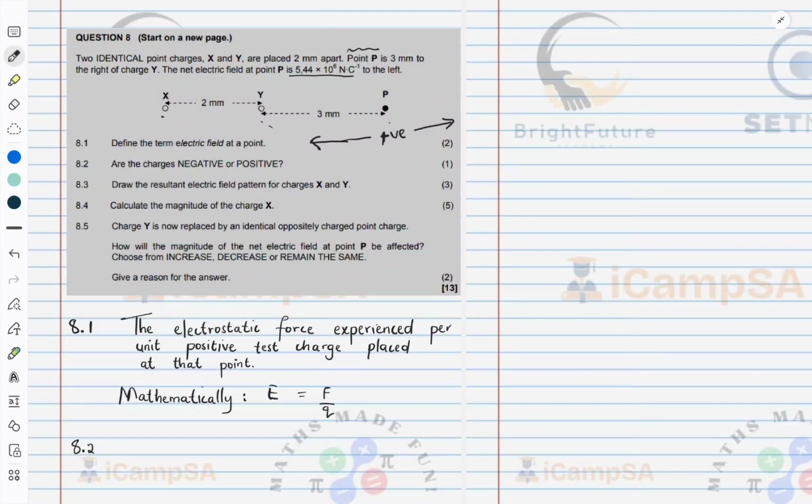Now in this case, since these are identical, we can just use this logic and say, well, if there was a positive test charge at point P and these two are identical, which means the sign is also the same, so I don't have to consider each one of them individually, I can then say, well, since it's to the left, it means these two must be negative.